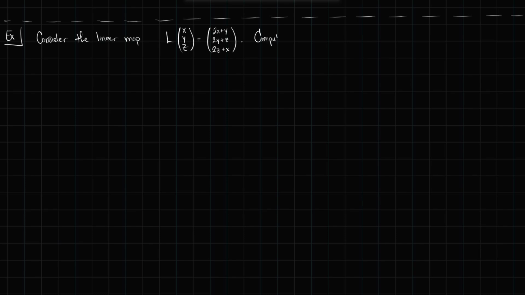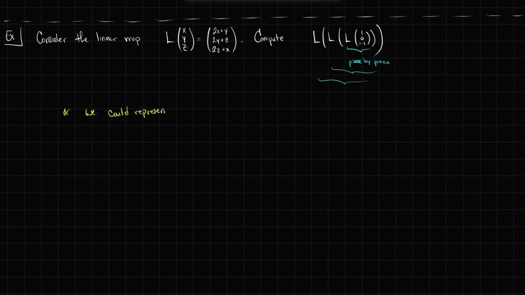Let's compute L of L of L of 1, 0, negative 1. Well, we've got a few choices. We could go piece by piece if we want to. Definitely nothing preventing us from going piece by piece. You start there, you then go there, you then go there.